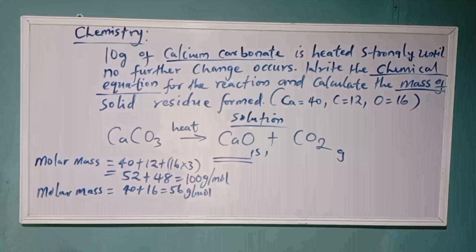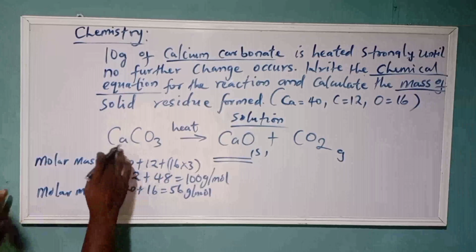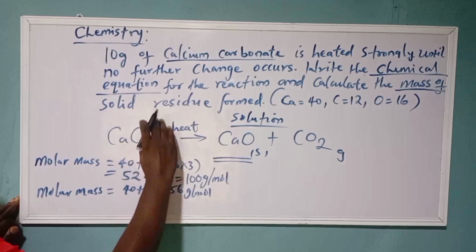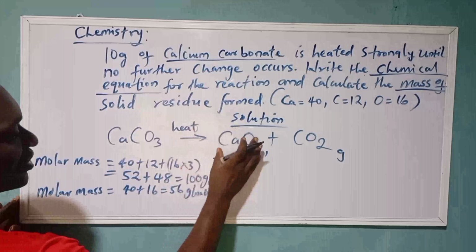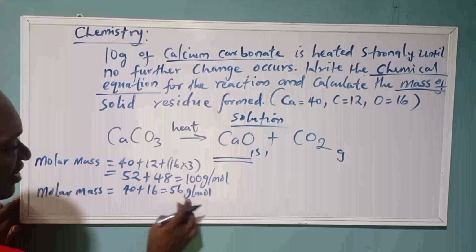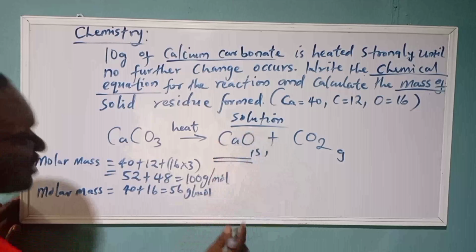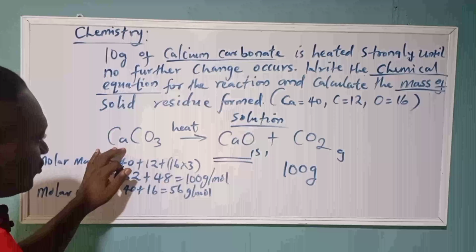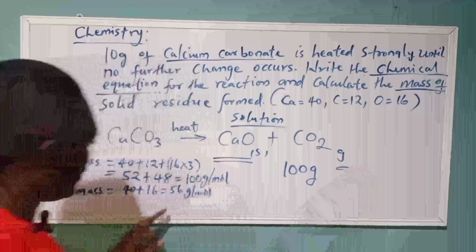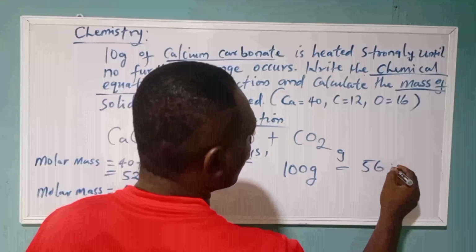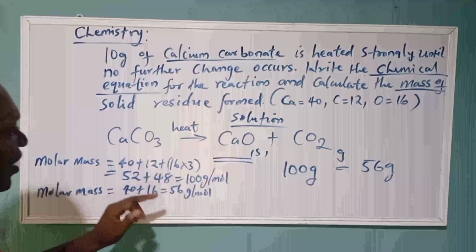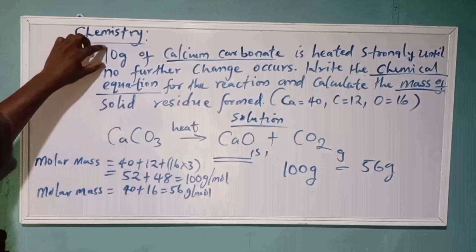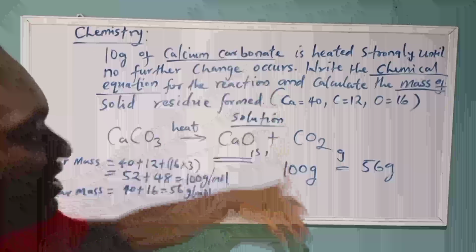So what this means is that 100 grams of calcium carbonate decomposes to form what? 56 grams of calcium oxide. So 100 grams of calcium carbonate produces 56 grams of calcium oxide.